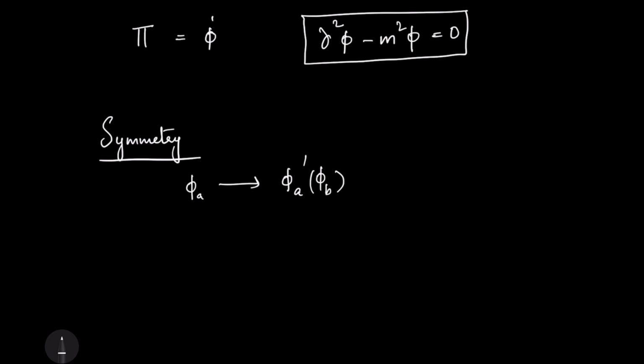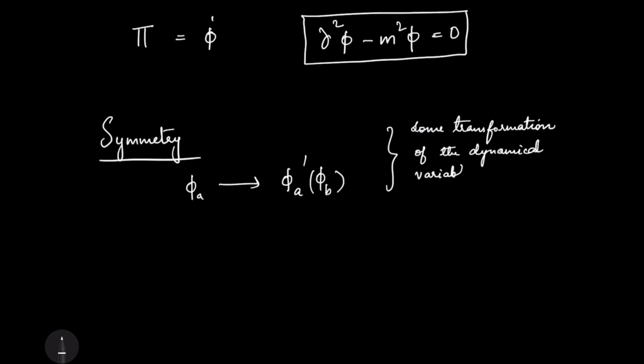Okay, so the transformation of the dynamical variable should leave the action invariant. So symmetry: some transformation of the dynamical variable that leaves the action invariant.